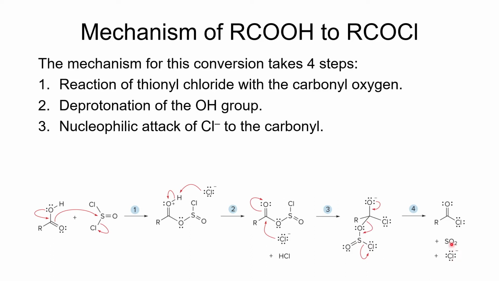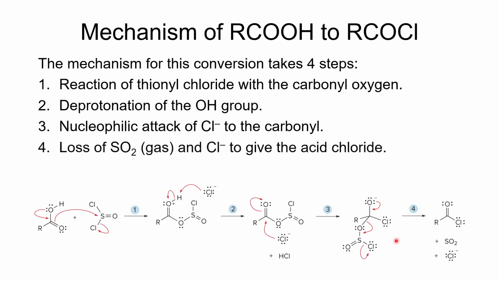Sulfur dioxide is a gas, so it'll just bubble right out of solution. And because it bubbles out of solution, it essentially makes this last step irreversible, so we don't have it going back. So that's how we get the acid chloride.